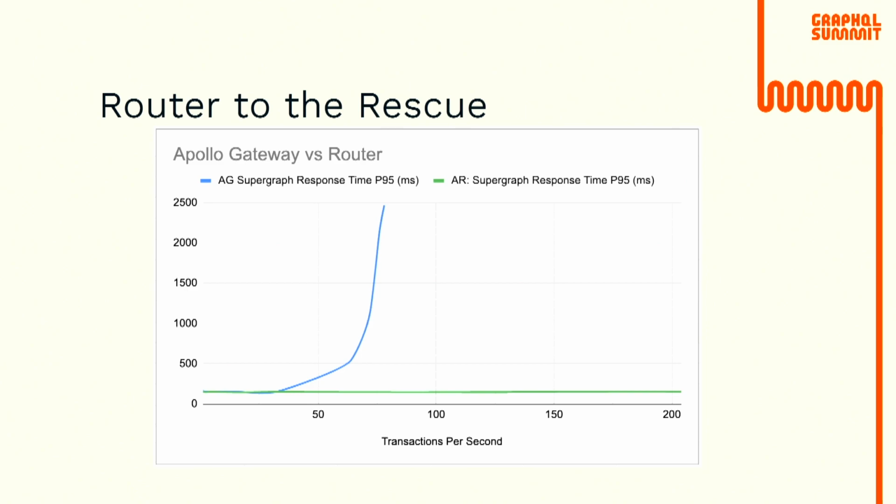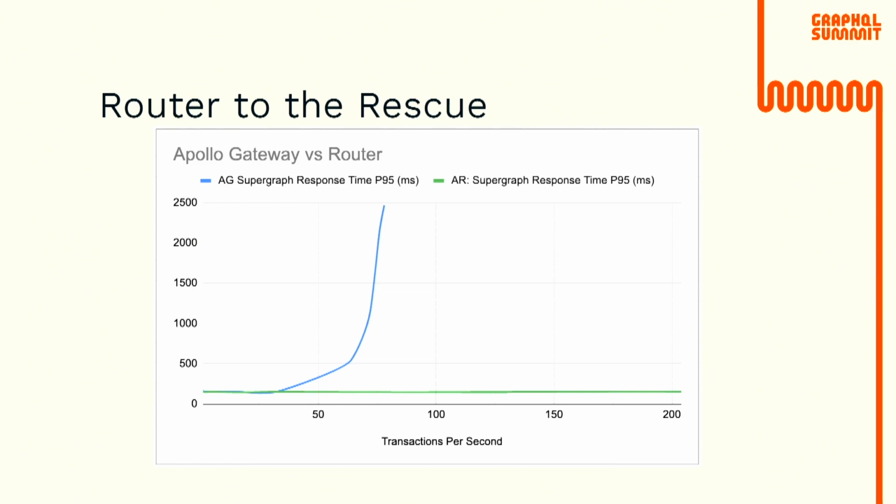But the major issue that we saw was the variance in response time. In this one, we had a subgraph with 100 milliseconds response time. So we expected the gateway to add minimal overhead to that 100 milliseconds, and it was working well till this point here, around 40 requests per second.